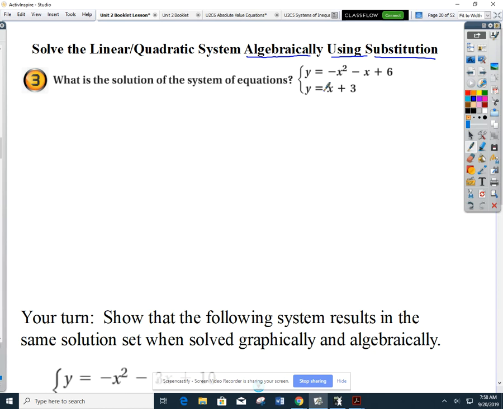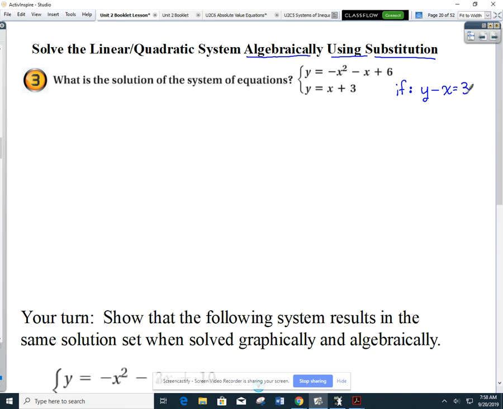So if, for example, you don't have to write this down if you don't want, but if this had said y minus x equals 3 instead of this, then we would have had to say, I either want to get y by itself or x by itself. And since y is alone here, I'd probably say it's easier to make this one say y equals.